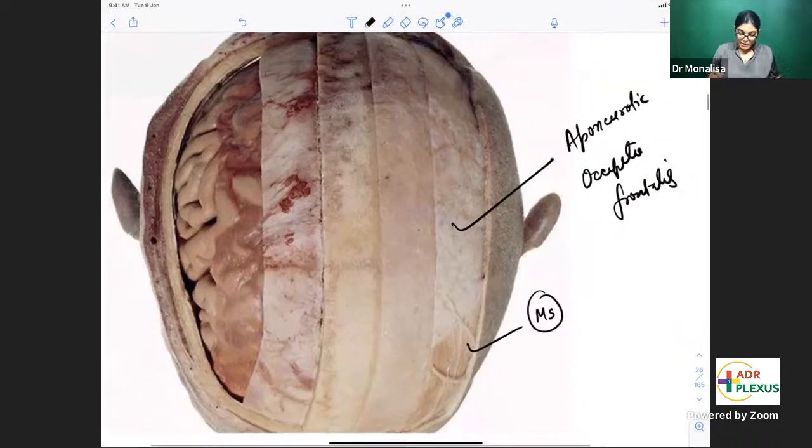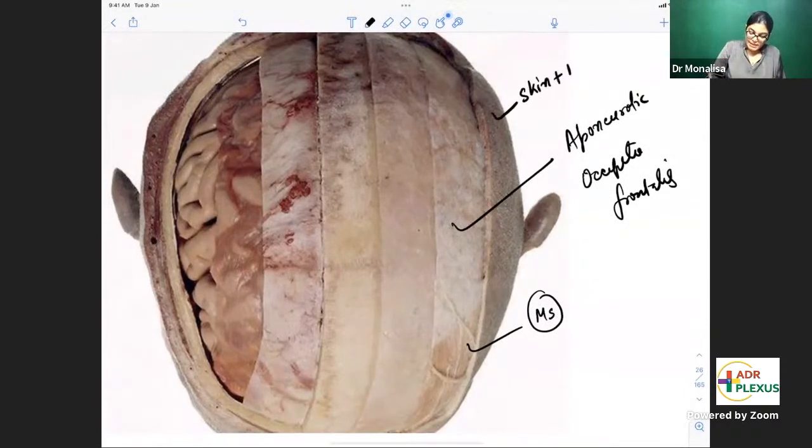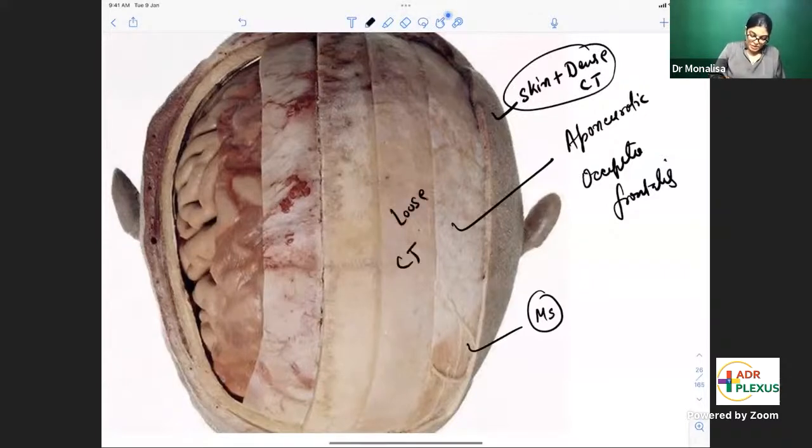Other than that, you can also see that this will be the skin and the dense connective tissue layer, that means the first 2 layers. This is the 3rd layer. This will be the 4th layer that is made of loose connective tissue, the pericranium.